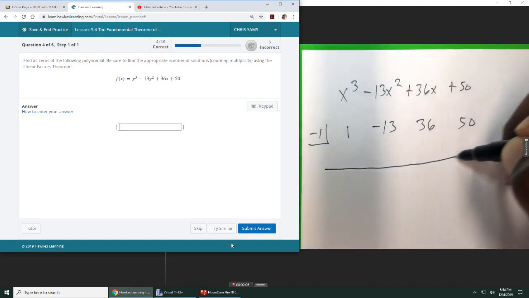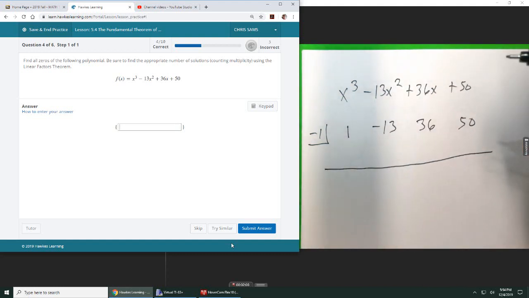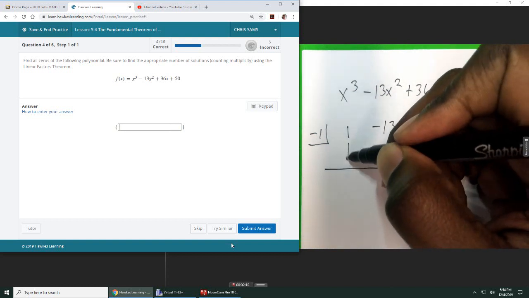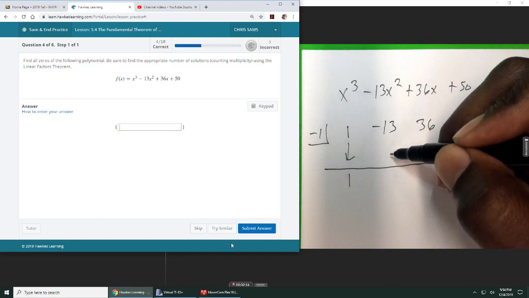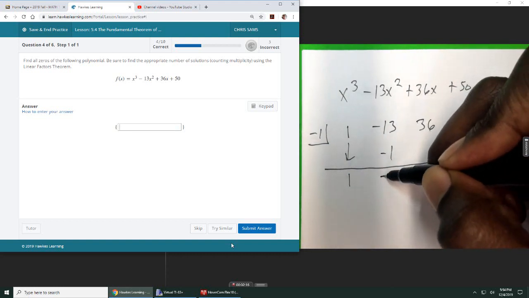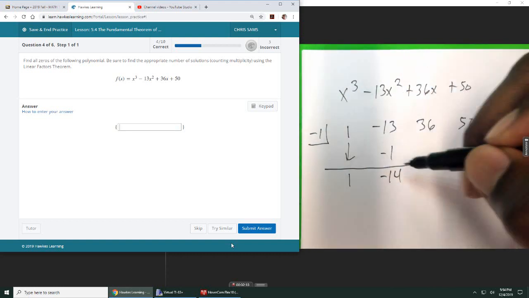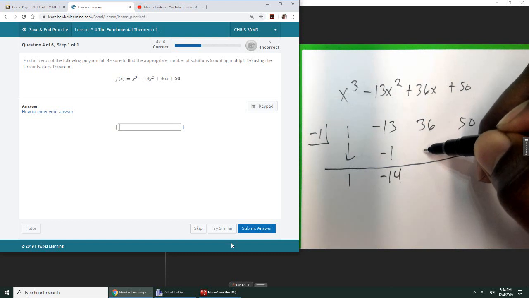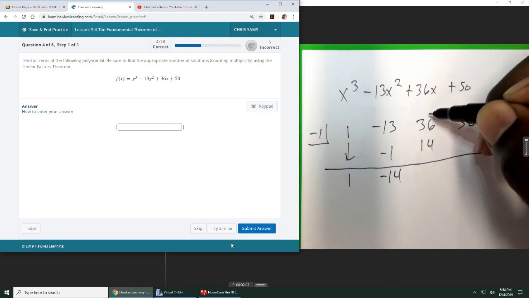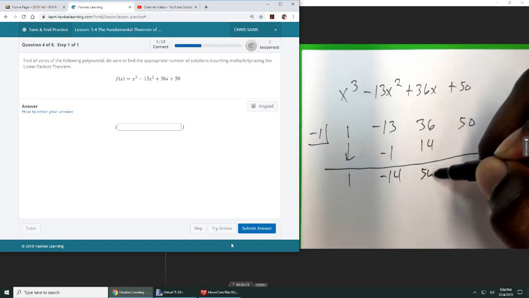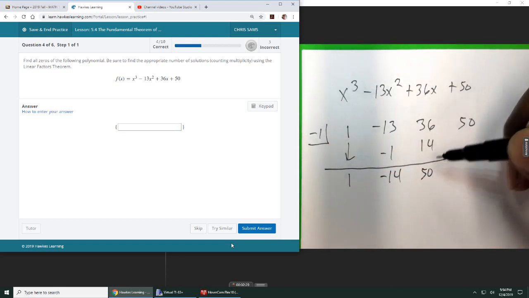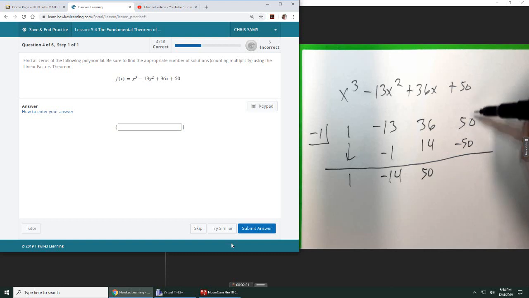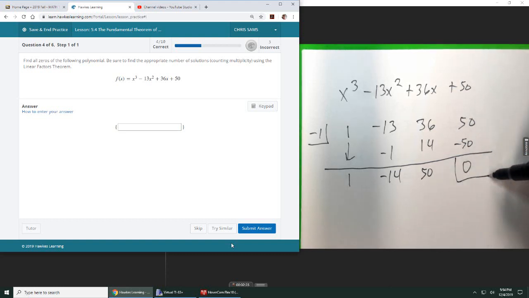That was one of the zeros. Bring the first term straight down. Multiply. -1 times 1 is -1. Combine, we get -14. -1 times -14 is a positive 14. Combine, we get 50. -1 times 50 is -50. And combine these, we get 0. So that is a 0.